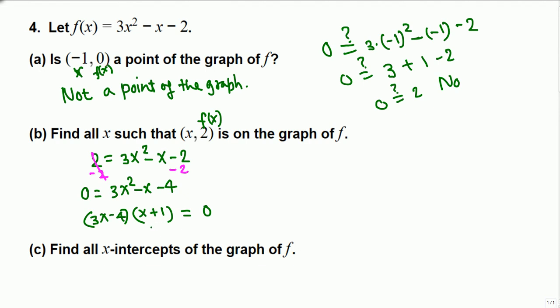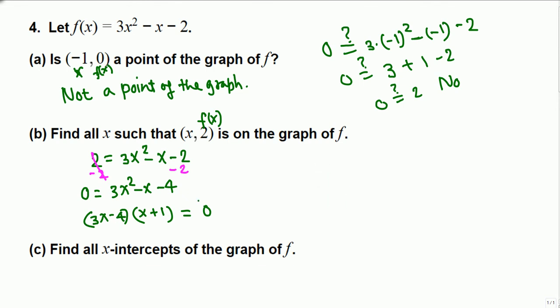Now we need to check by FOILing. No problem with the first and last terms, because -4 times 1 is -4, and 3x times x is 3x squared. So 3x times +1 is positive 3x, -4 times x is -4x, and when we combine we get -x. That's the case, so our factoring is good.